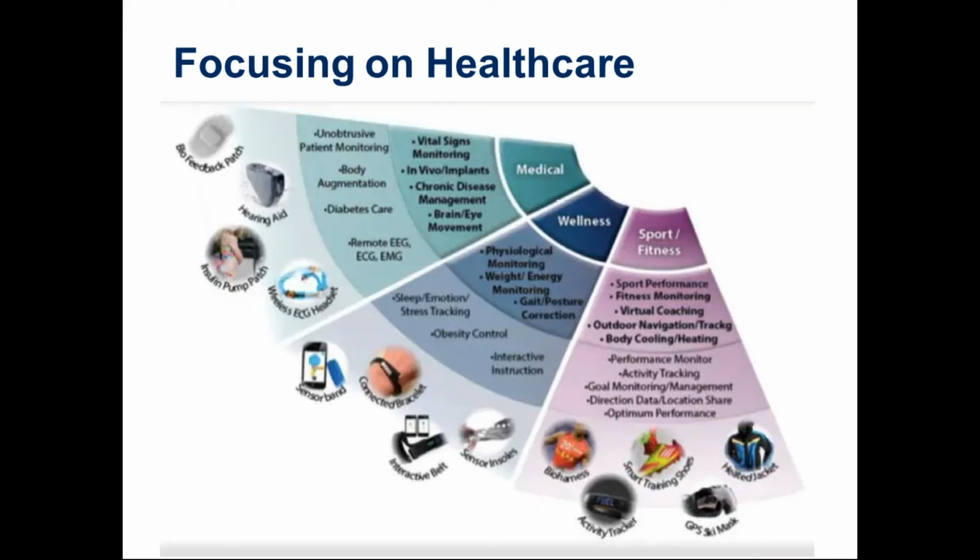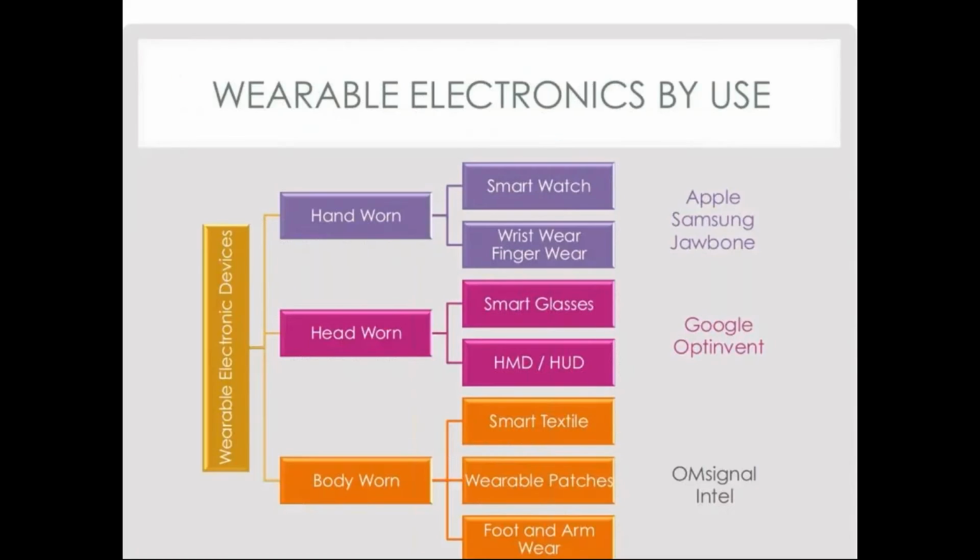After going through three broad areas in healthcare, let us move to wearable electronics, which I shall categorize on the basis of use. So a wearable device can be hand worn. At the moment, I am just segregating based on these areas, which are hand worn, head worn, and body worn.